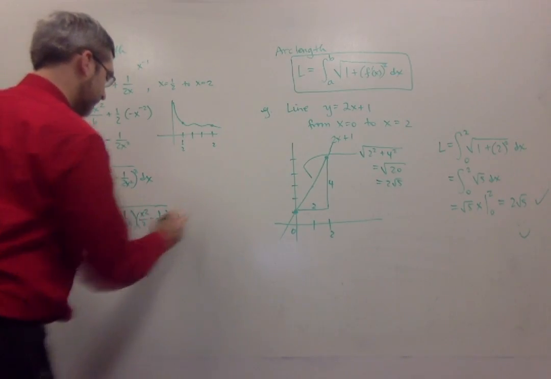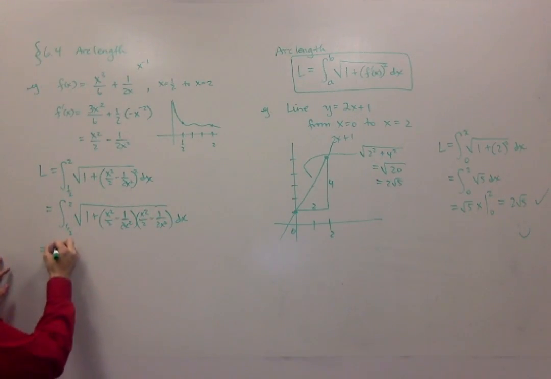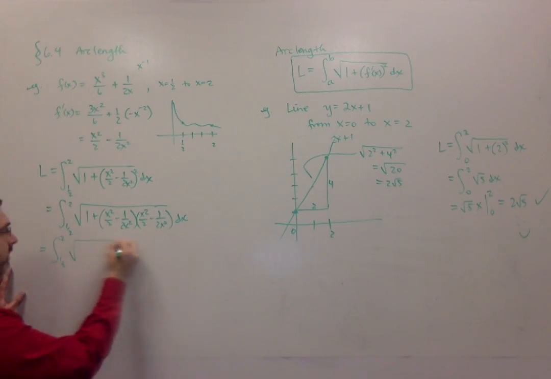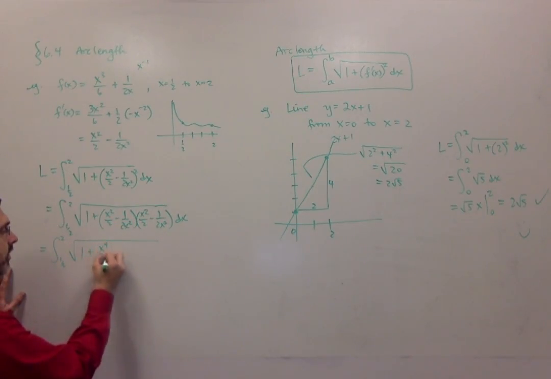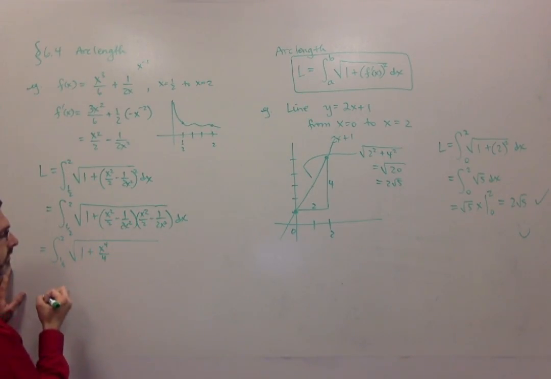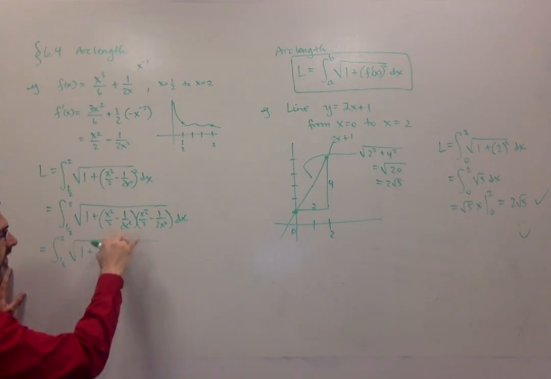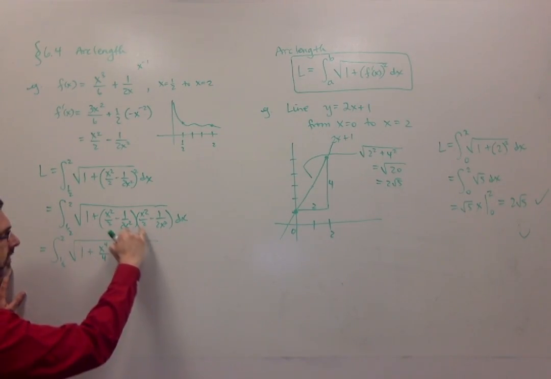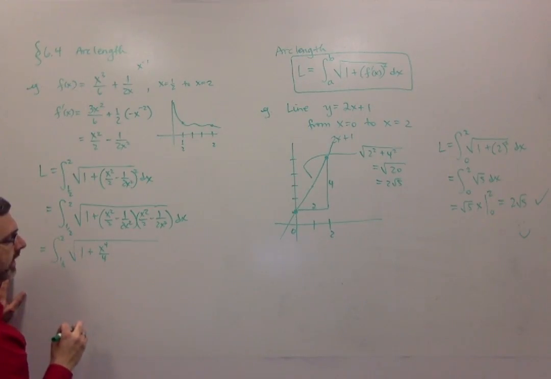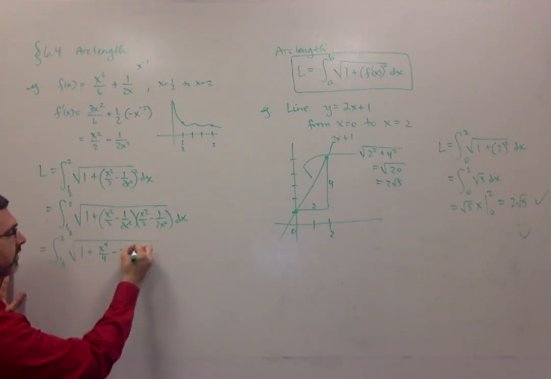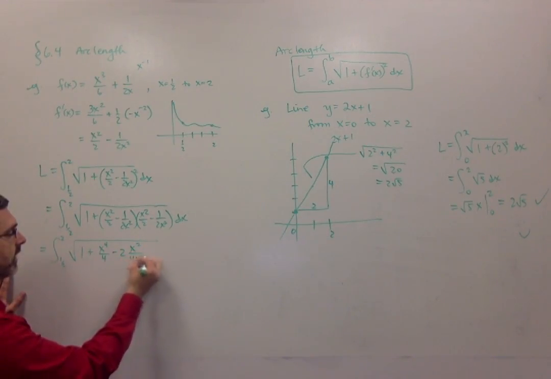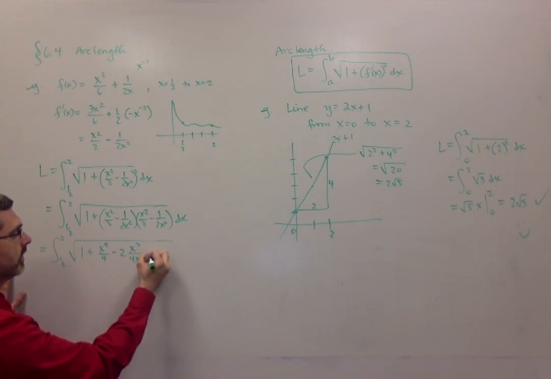If we multiply that out, what we get is x to the 4th over 4, and I'm going to get 2 of the cross terms, the inner and the outer, so minus 2 times x squared over 4x squared, plus 1 over 4x to the 4th.